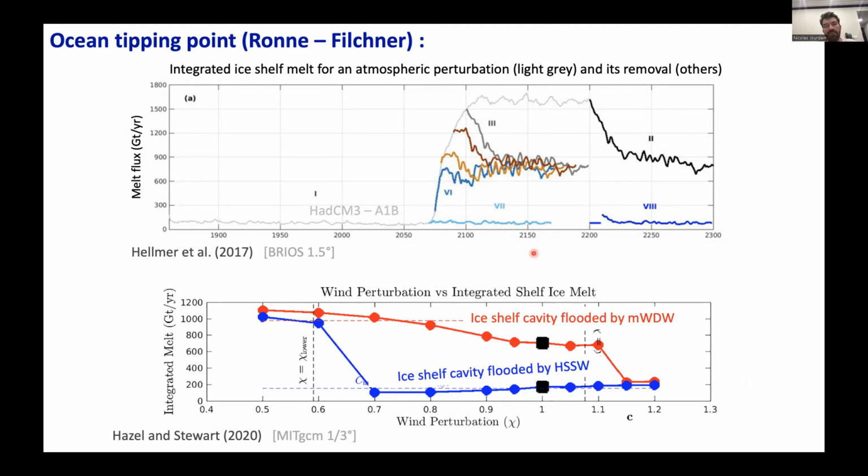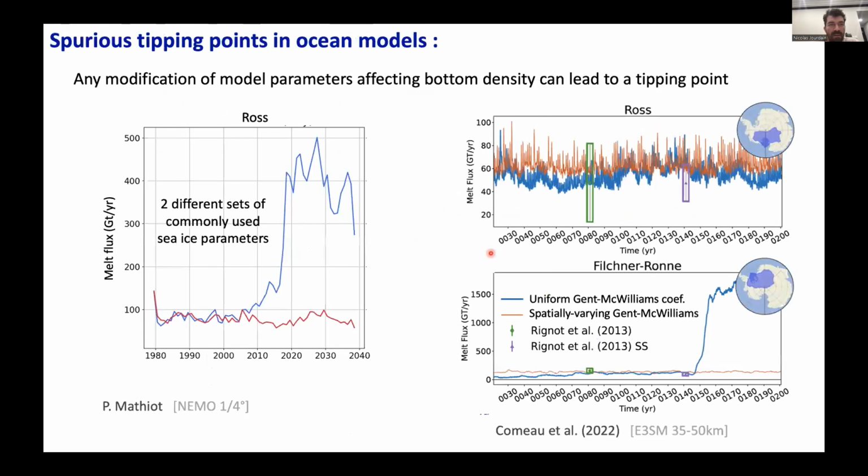In the case of Hellmer's paper, it was more a view of a threat that could happen in the future under certain forcing, but you can also have spurious tipping points in ocean models, because as I've shown before, any modification of model parameters that would affect the bottom density of high salinity shelf water or modified warm deep water could lead to a tipping point.